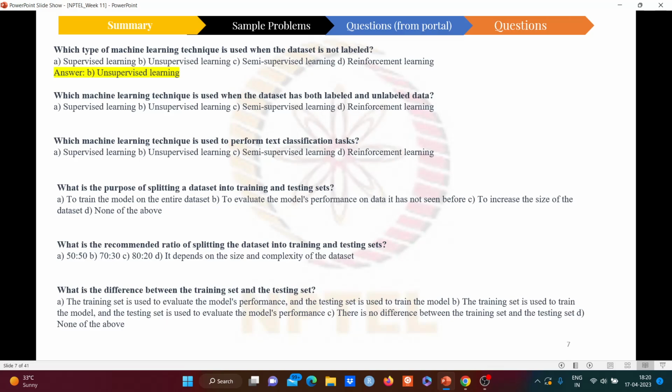The next question is, which machine learning technique is used when the dataset has both labeled and unlabeled data? This is the one I didn't discuss, but from the options, I think one can answer this.